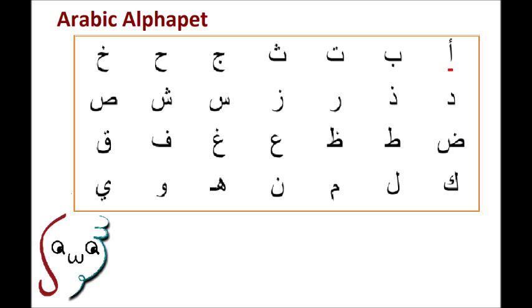So I'm gonna start now reading it from the right to the left again. I put a short red stroke under the first letter, which is Alif. So I'm gonna start now.